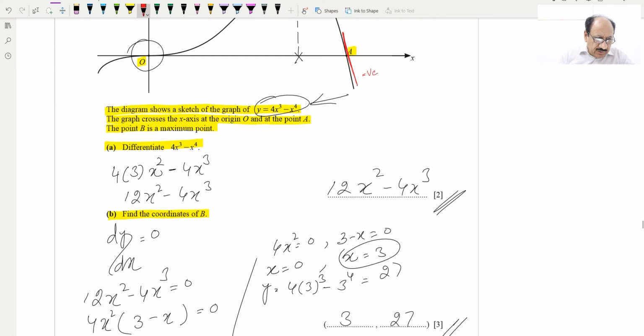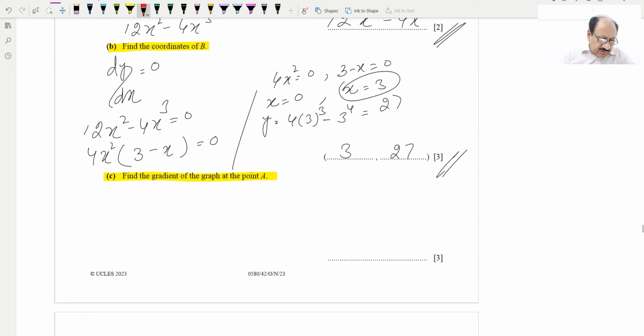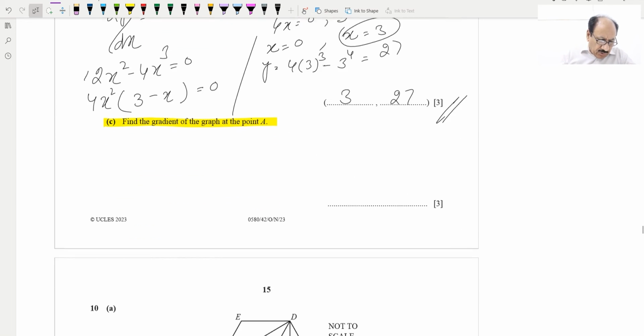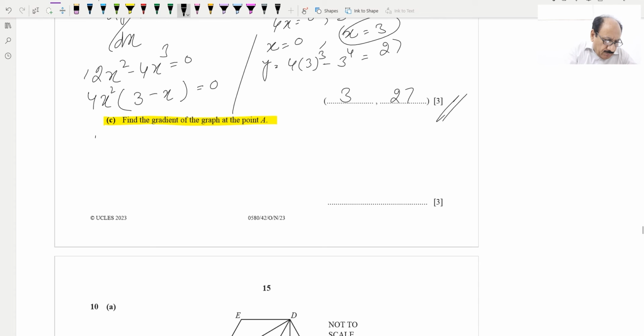We know that at A the y value is 0, because point A is on the x-axis, so we put y is equal to 0. And what is y? We have y, which is 4x cubed minus x⁴, so we put it equal to 0.